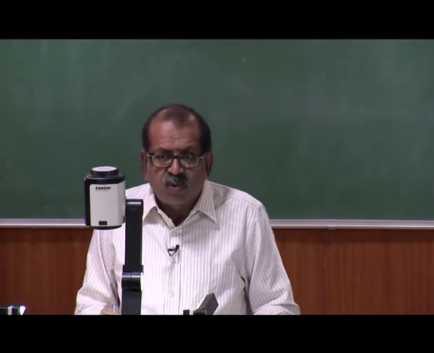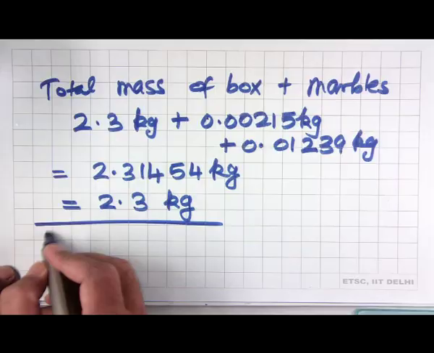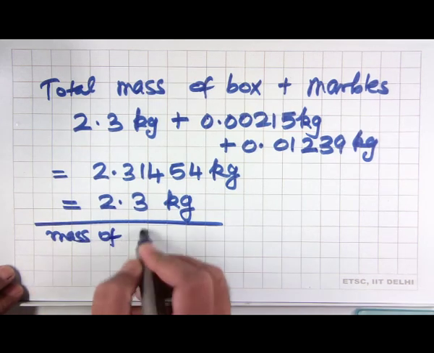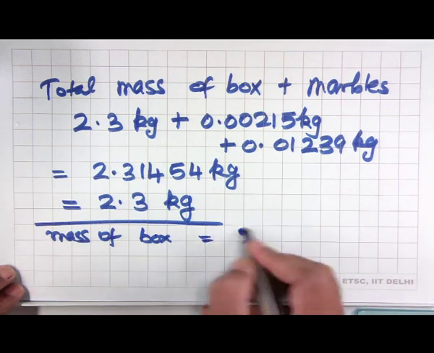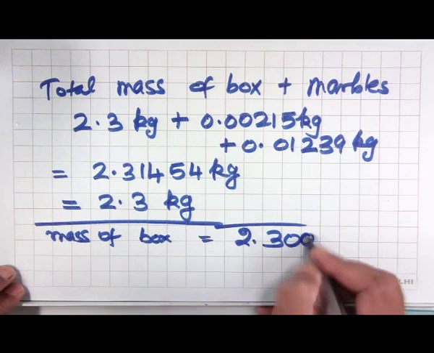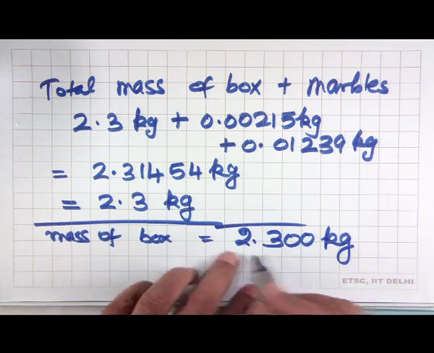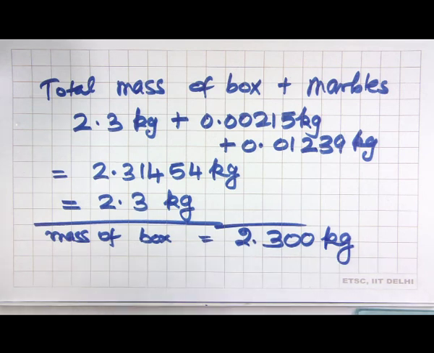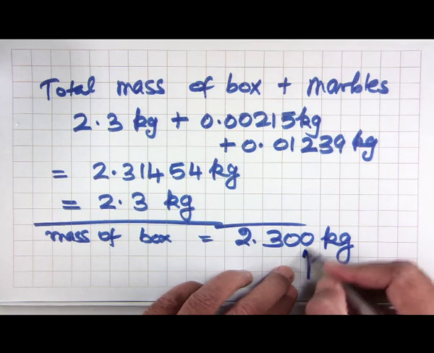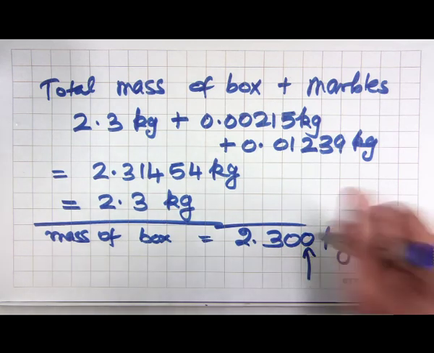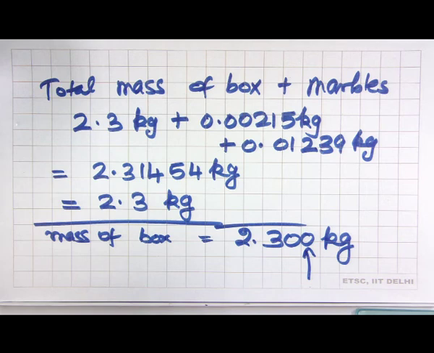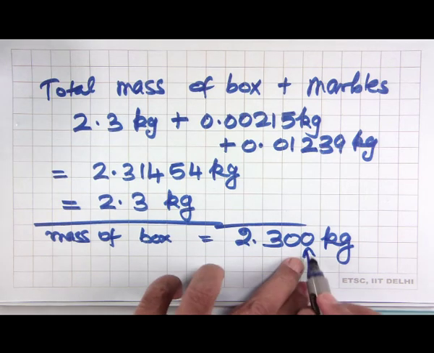Now, we make a small deviation to the question. Suppose the mass of the box was given as 2.300 kg, how will this answer change? Now when you say the mass of the box is 2.300 kgs, that means it has been measured correct up to 0.001 kg. So, we have to go up to 3 decimal places here.